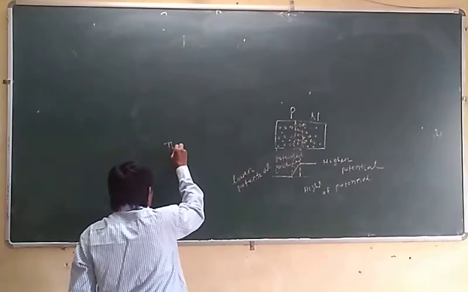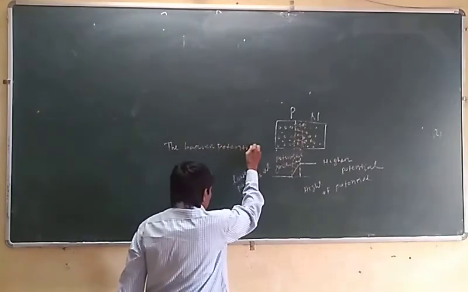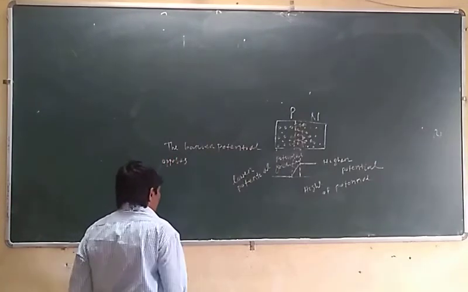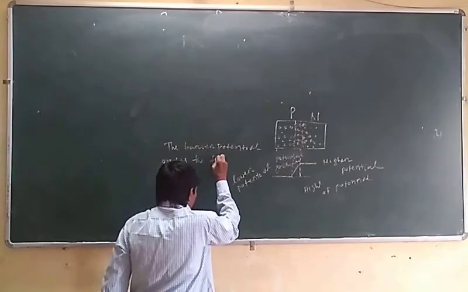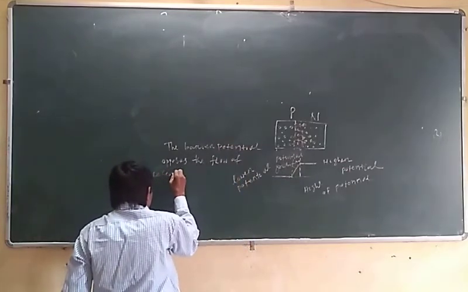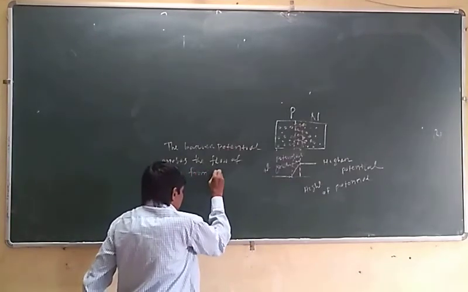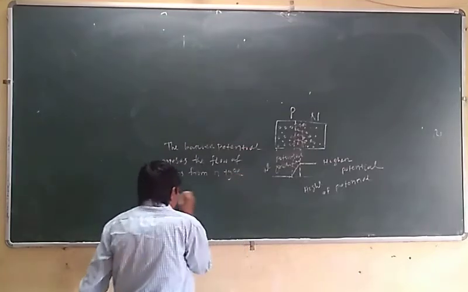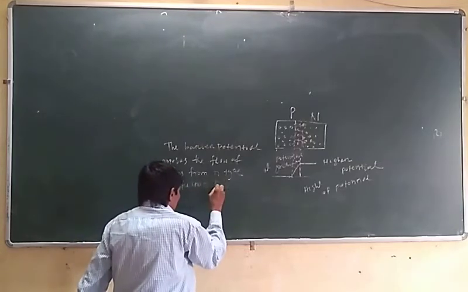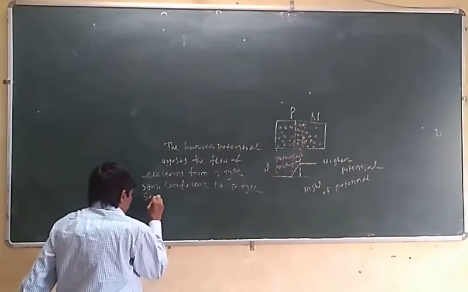So the barrier potential opposes the flow of electrons from the N-type semiconductor to the P-type semiconductor.